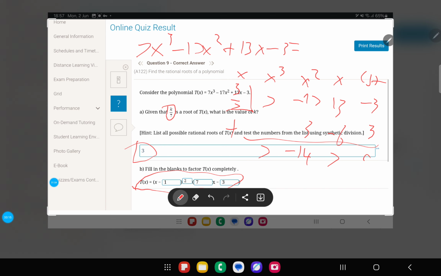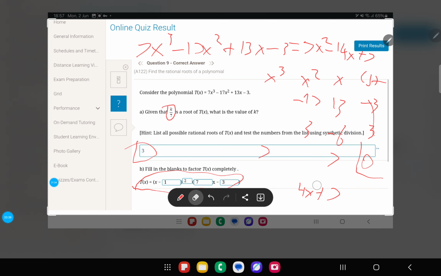Negative 3 plus 3, 0. Cross them out. Okay, so the constant is 0, and we divide the x cubed by x, x squared by x, and x by x. You get 7x squared minus 14x plus 7, right? So you put this here, 7x squared minus 14x plus 7. Now let's erase this to finish this.